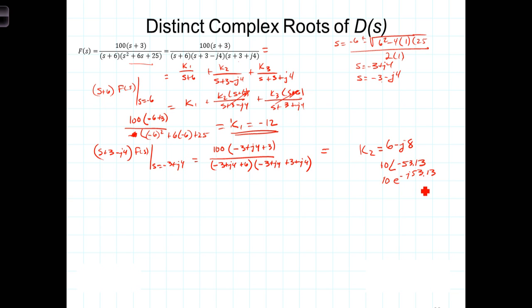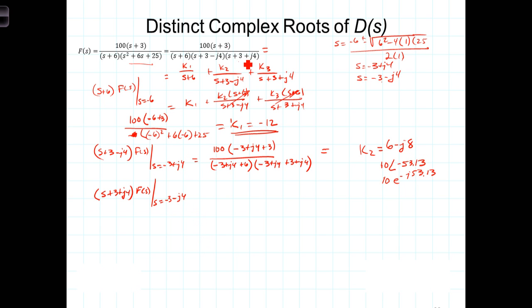So now, let's go ahead and evaluate k3 by doing the same kind of a thing. We're going to now multiply f of s by the other factor, s plus 3 plus j4, times f of s. And this time we'll evaluate it at s equals negative 3 minus j4.